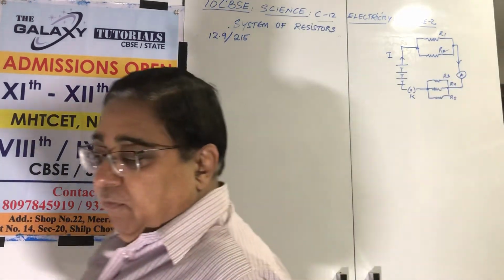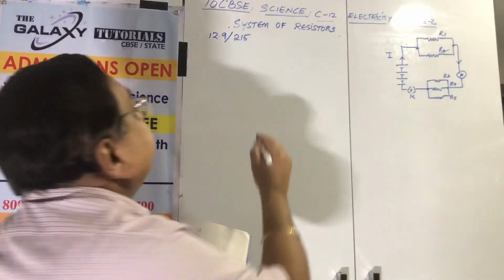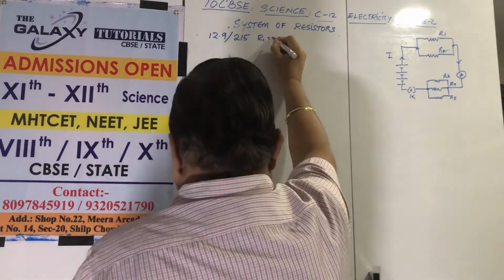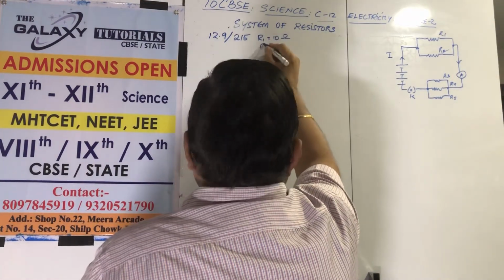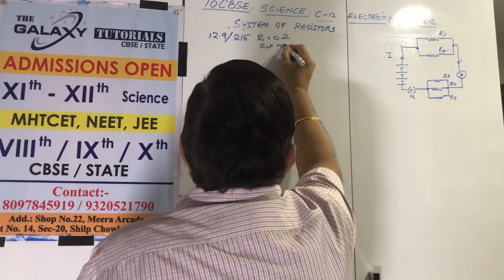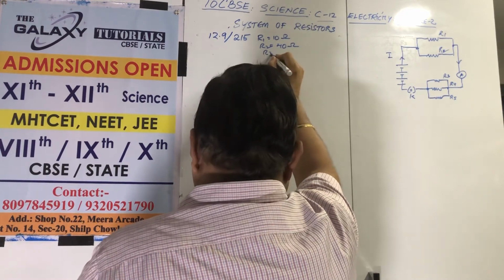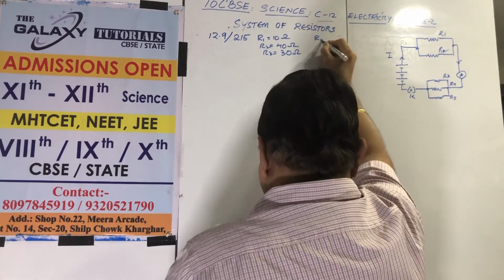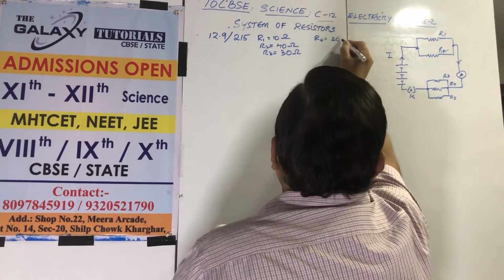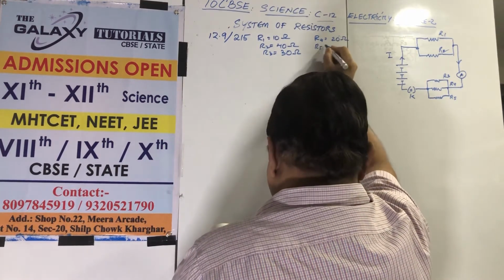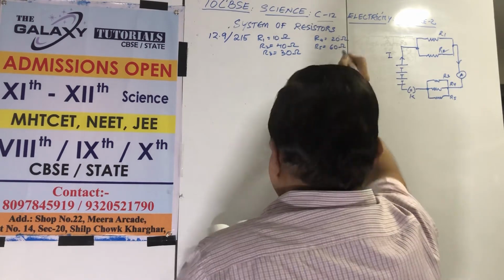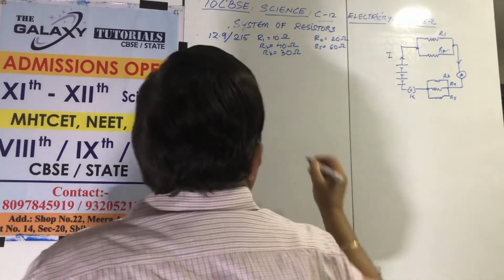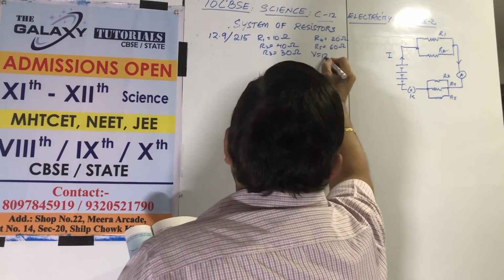R1 is 10 ohms, R2 is equal to 40 ohms, R3 is equal to 30 ohms, and R4 is equal to 20 ohms, R5 is equal to 60 ohms, has been given, and battery is 12 volts.